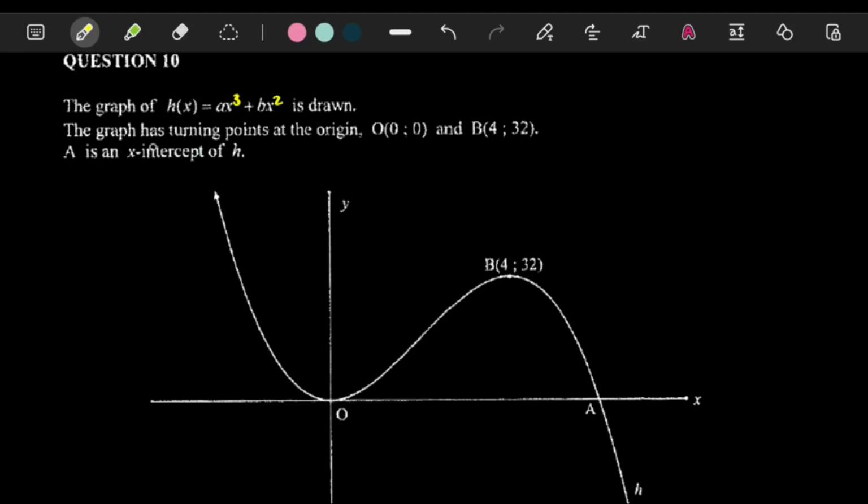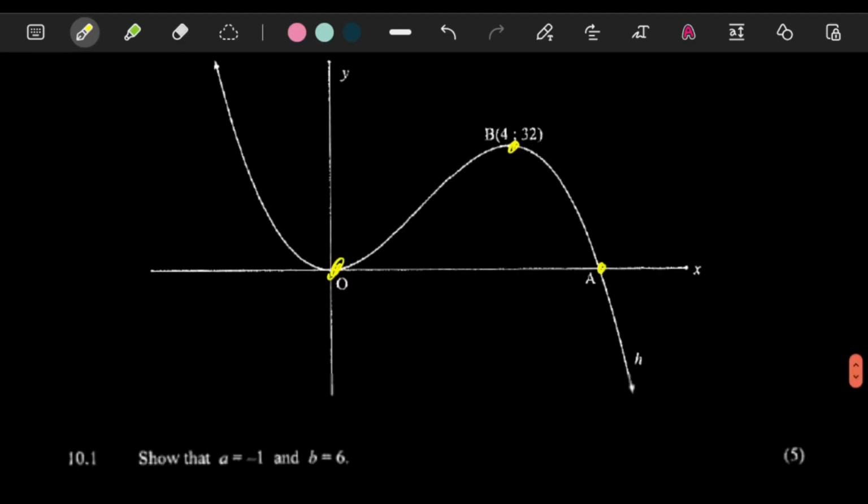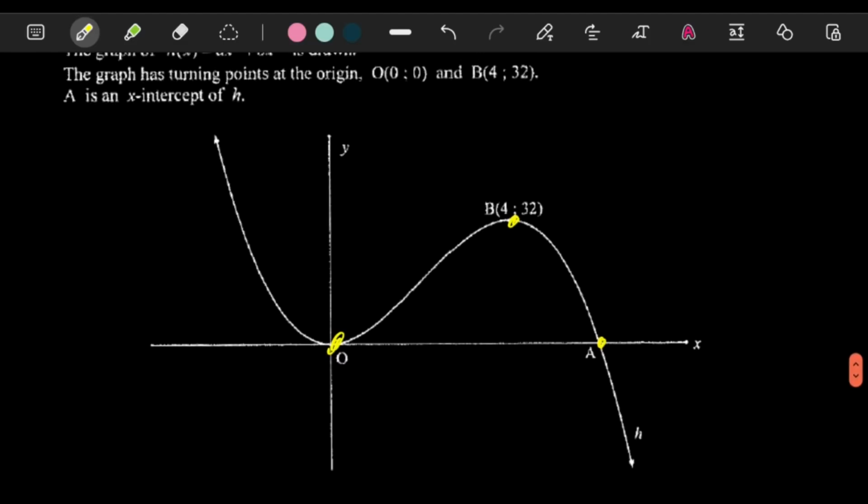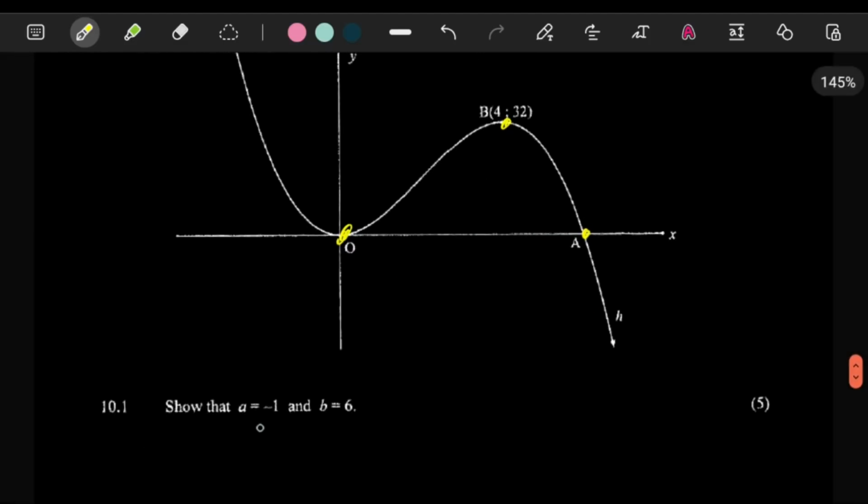They say the graph has turning points on the origin. And there's a turning point there, and there's an x-intercept over there. Then they said A is an x-intercept of h. Show that A is -1 and B is 6.